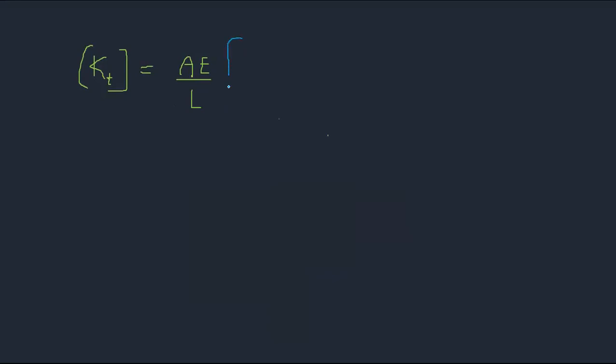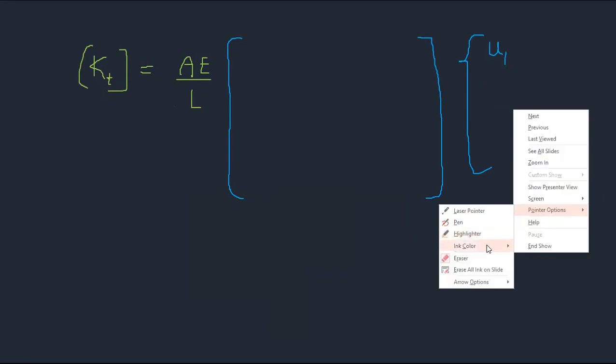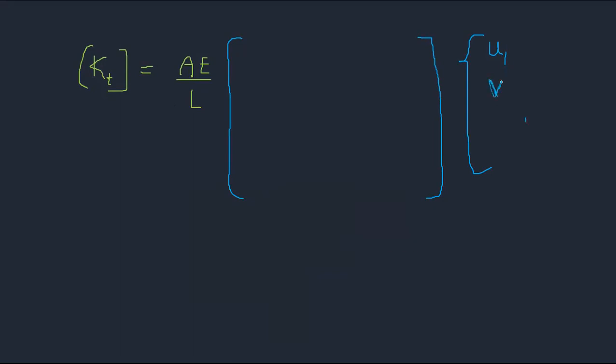When you multiply this, you will have this kind of huge matrix into U1, V1, U2, and V2. This matrix is going to be like this. I'll show you.